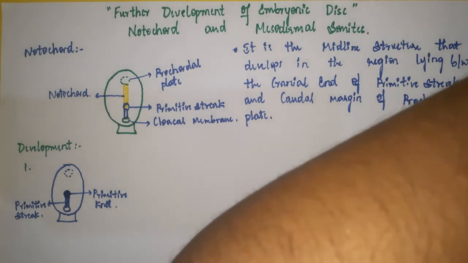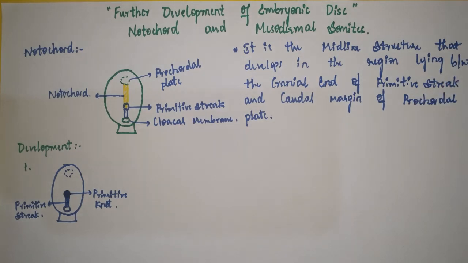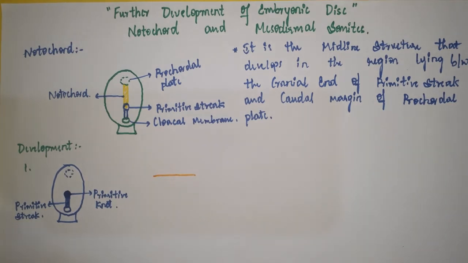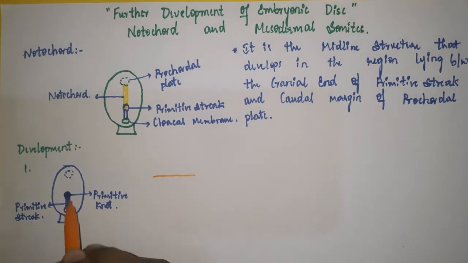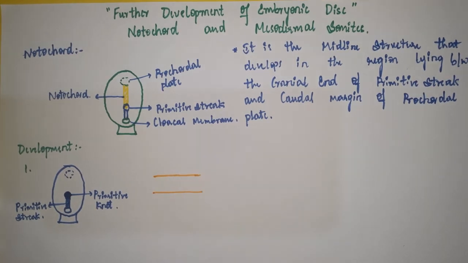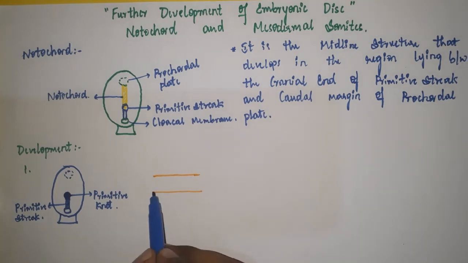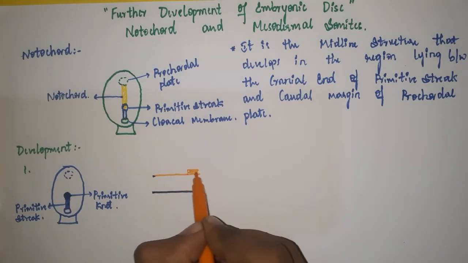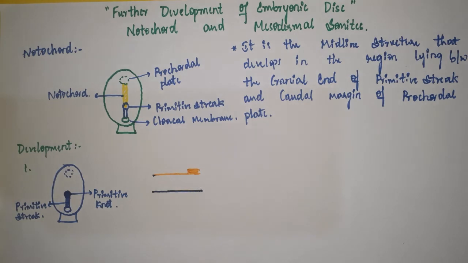See, as I told before, the upper layer is ectoderm, the middle layer is mesoderm, and the inner layer is endoderm, which surrounds the yolk sac. Okay. Now, what is the change in the primitive streak? This is the primitive streak. I have drawn a dotted circle for the procaudal plate because it lies deep.